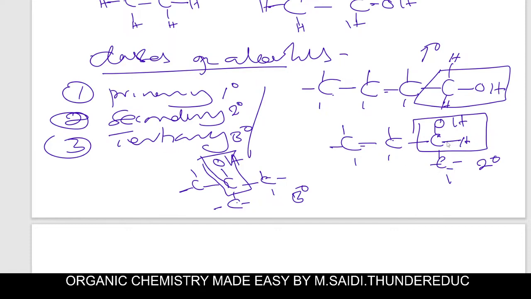Or the carbon atom with the functional group OH is attached to two other alkyl groups. The carbon atom with the functional group is attached to three other carbon atoms. Am I clear? I hope you are trying to understand what I'm saying.